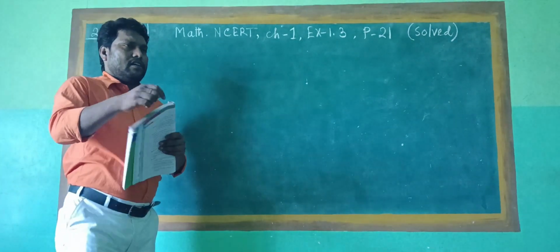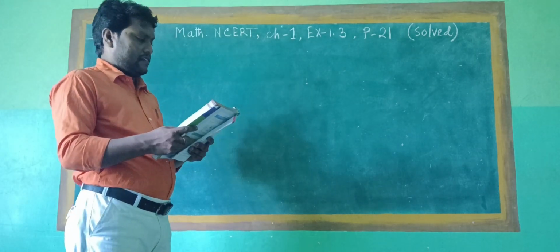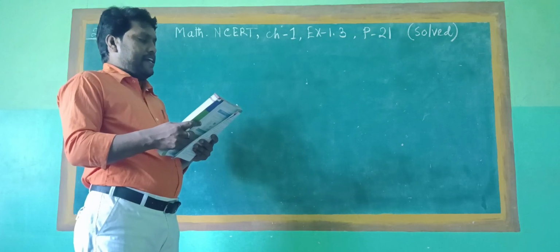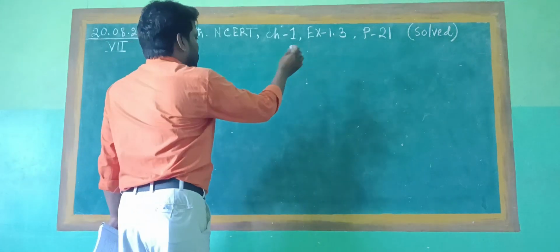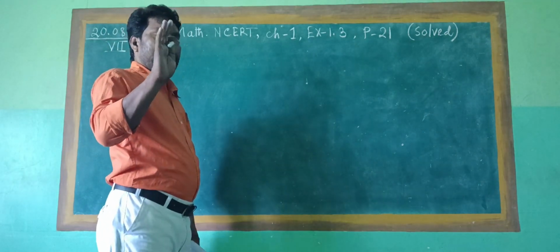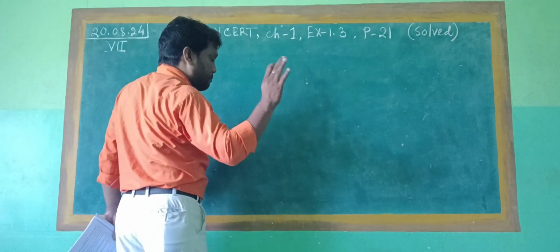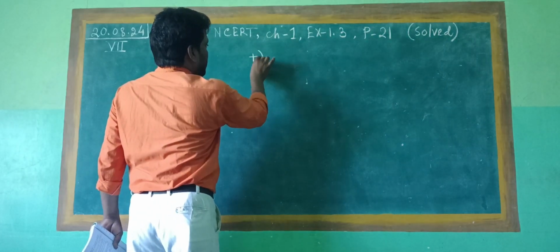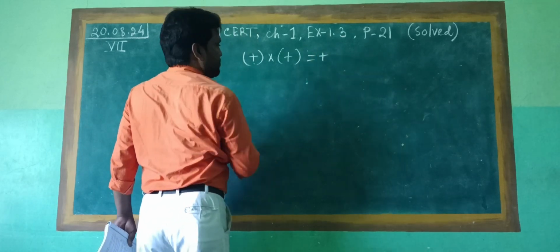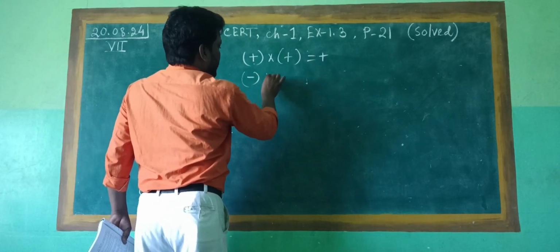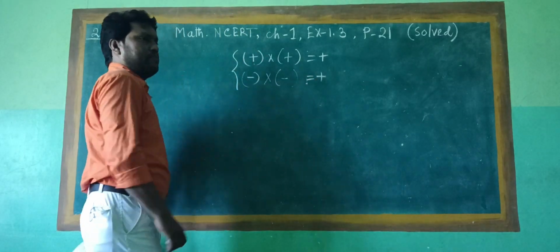There are many examples you have already done in the previous classes. Find each of the following products. At first, listen to me. When you find the product of integers or any numbers, always keep in mind: positive into positive is always positive, negative into negative is always positive.